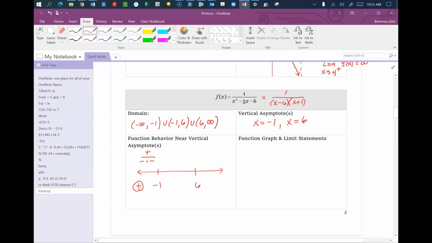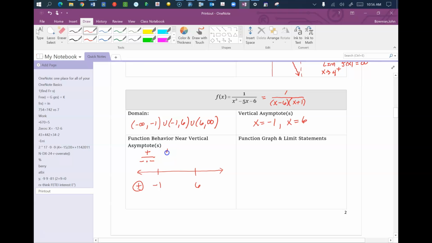Now, here's where you have to be really careful. Because you have two vertical asymptotes, one at -1 and one at +6, you need to check both a number close to -1 and a number close to +6, and I'll show you what I mean. So, a number close to -1 but slightly larger than -1 would be -0.9.